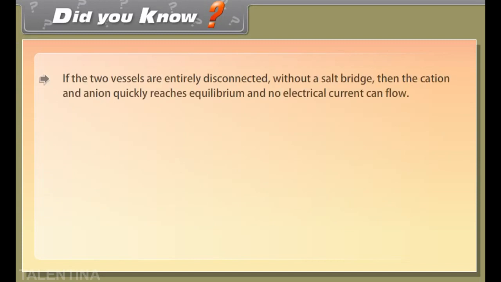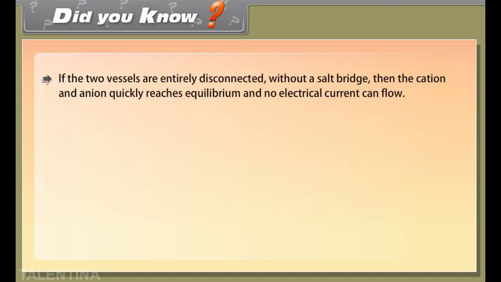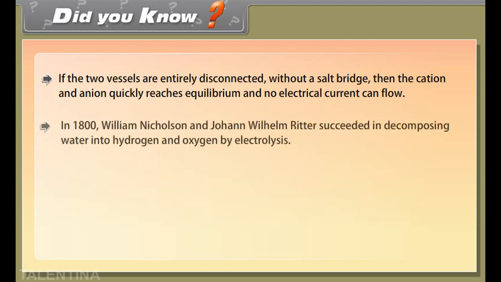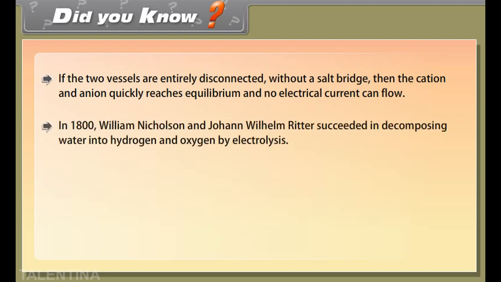Did you know? If the two vessels are entirely disconnected without a salt bridge, then the cation and anion quickly reach equilibrium and no electrical current can flow. In 1800, William Nicholson and Johann Wilhelm Ritter succeeded in decomposing water into hydrogen and oxygen by electrolysis.